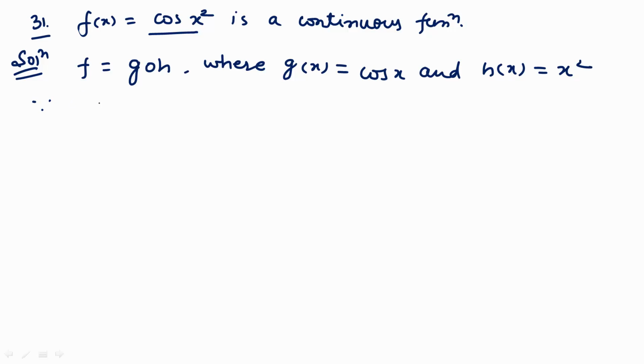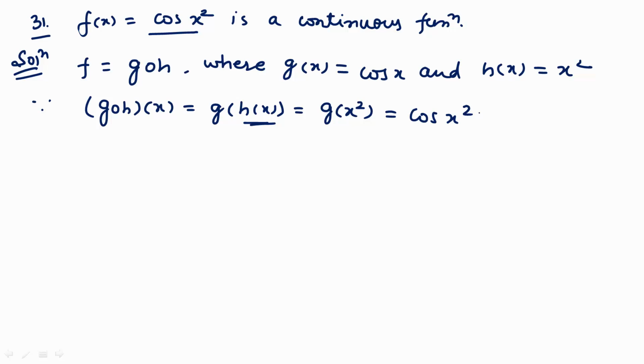Therefore g of h(x) is equal to g of h(x), and the value of h(x) is x square, means g(x square), and when g(x) is cos x, then g(x square) is equal to cos x square, and this will be equal to f(x). This is your function.